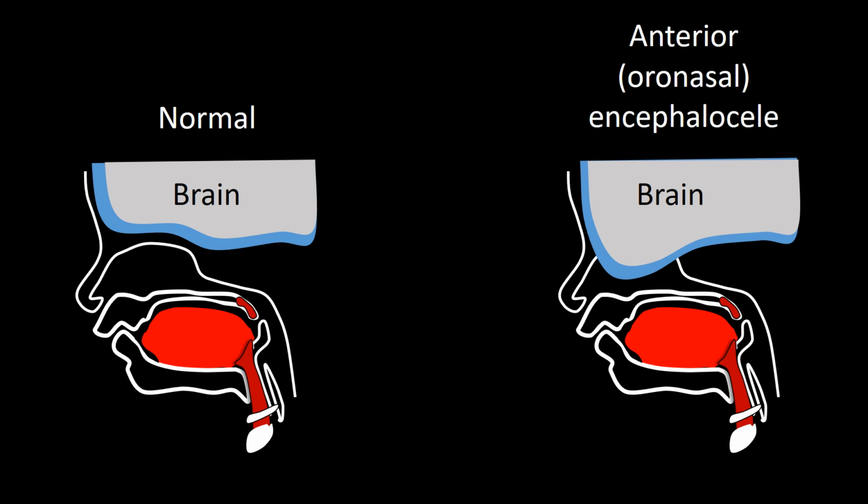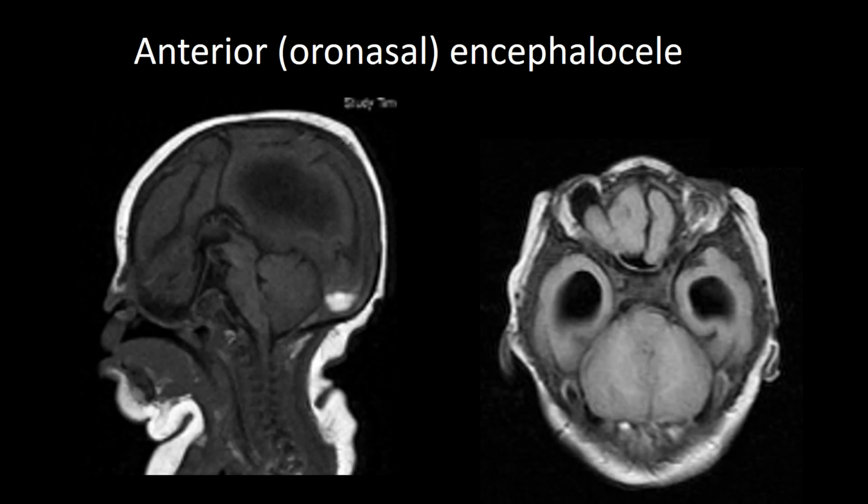This is called an anterior oronasal encephalocele. This frame has a sagittal and a transverse MRI of a patient with an anterior oronasal encephalocele. You can see the brain falling into the nose. And in the transverse MRI of the brain, you can see the brain is displaced anteriorly.